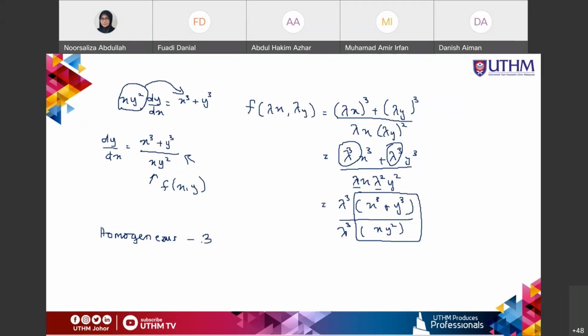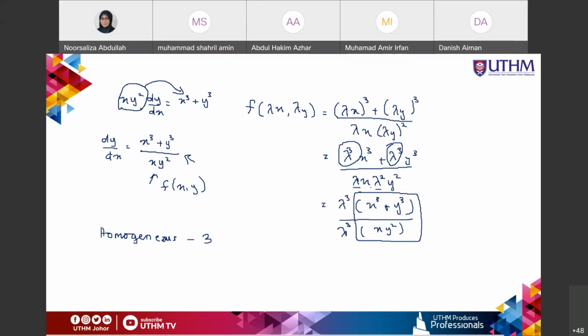Doktor nak tanya, yang lambda kuasa 3 tu mana datang? Yang lambda kuasa 3 yang per tu, lambda kuasa 3 kurungan x y kuasa 2 kurungan yang tu. Okay. Ini lambda square kan? This one, lambda square, y square kan? This one and this one kita darab kan?